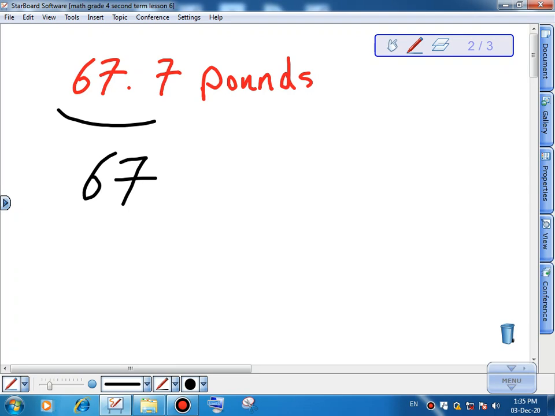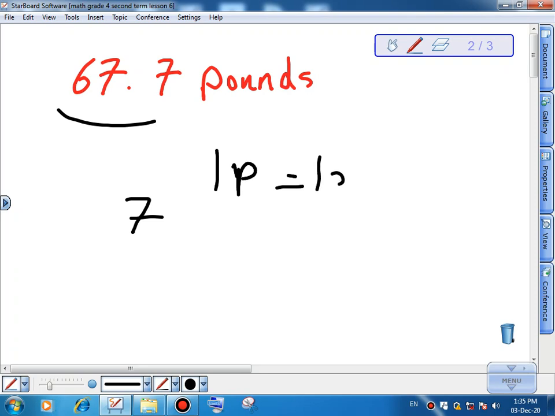Why that? I approximate the piasters to the nearest pound. 7 piasters doesn't make any pound. I know that 1 pound has 100 piasters, but 7 piasters doesn't do anything. So I cancel it.